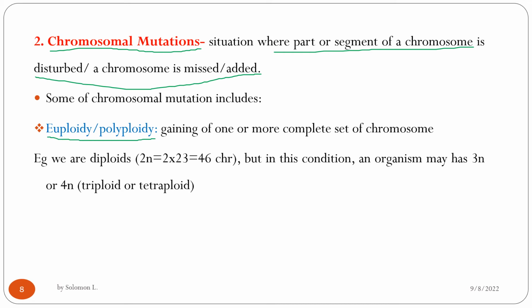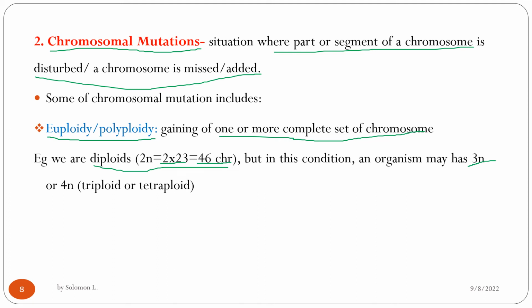This is the gaining of one or more complete sets of chromosomes. For example, our body cells are diploid because they have 46 chromosomes, that means 2 times 23. This N means 23. But in euploidy or polyploidy condition, organisms may have 3N.